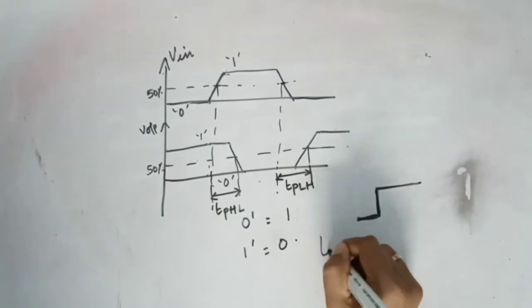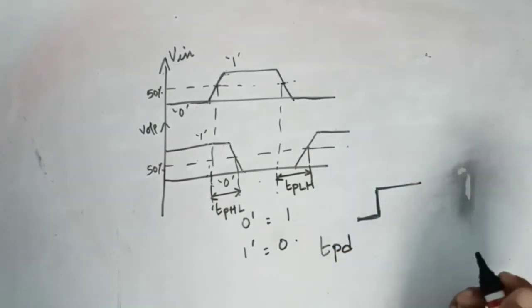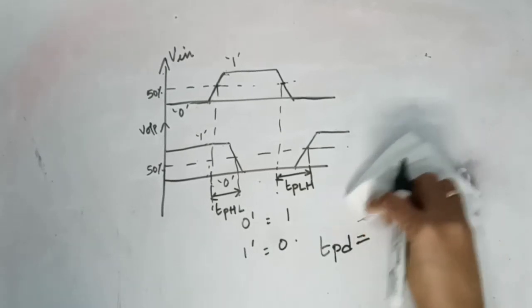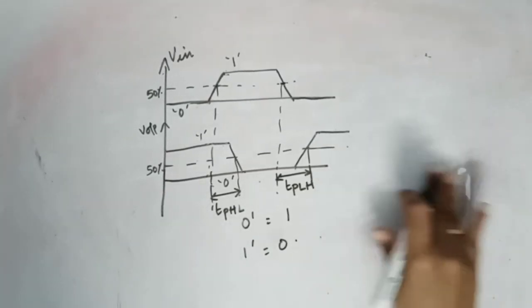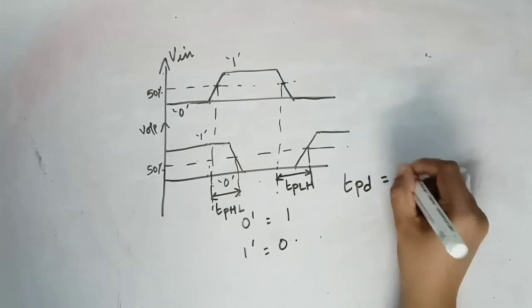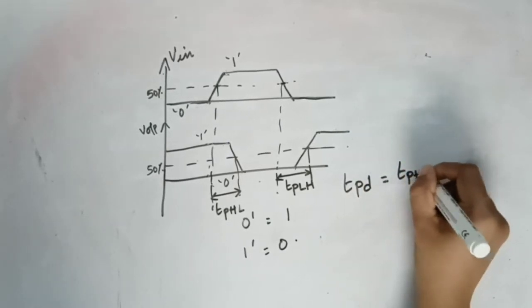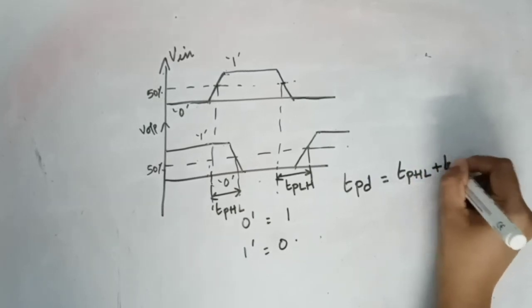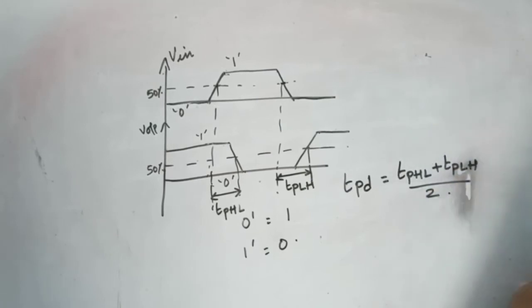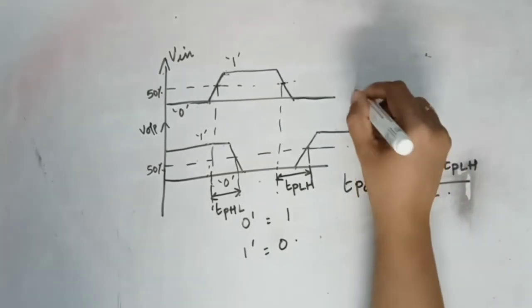And the total propagation delay of the gate, propagation delay TPD, is the average of these two, TPHL plus TPLH by 2. This is propagation delay.